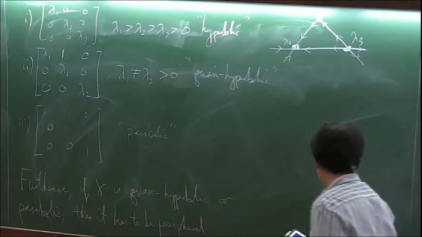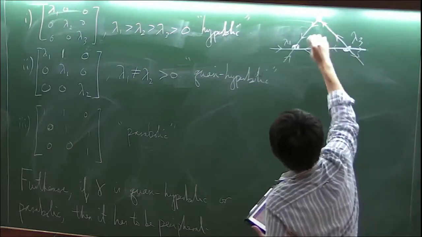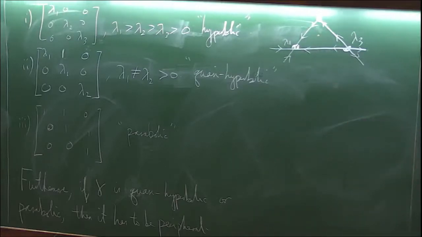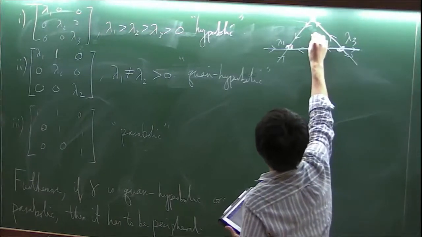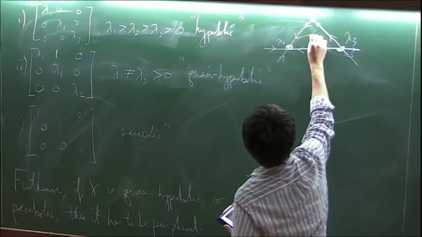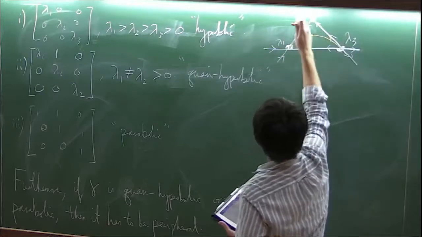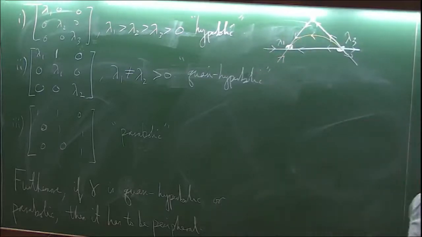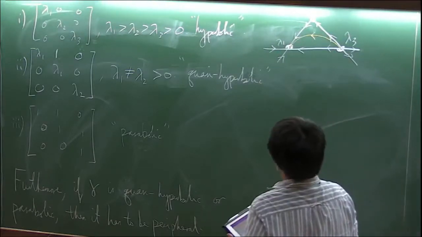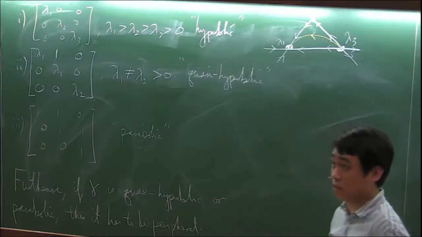If you pick a generic point that avoids the line and keep iterating the group element on it, you're going to see an orbit that is tangential to these two lines, going towards the attractor, away from the repeller. This is what the action of a hyperbolic element looks like in RP2.